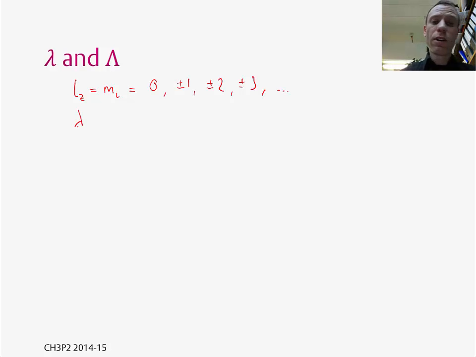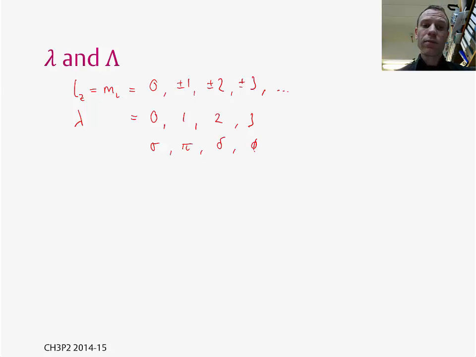Lambda, our new quantum number, is the axial component of the orbital angular momentum. This takes the value 0, 1, 2, 3, and so on. And as with L values, we can correspond these lambda values to letters. So instead of using S, P, D, F, now we use sigma, pi, delta, and phi.